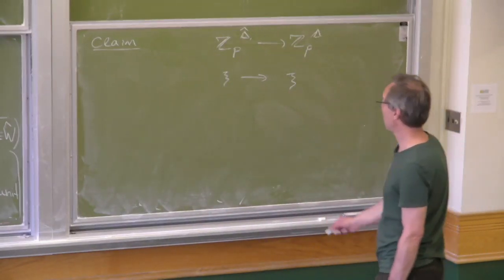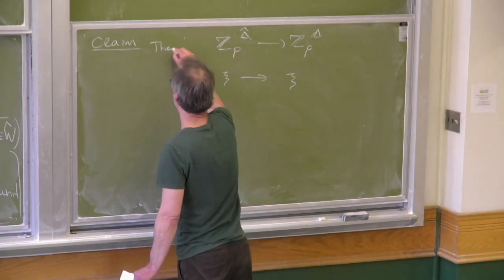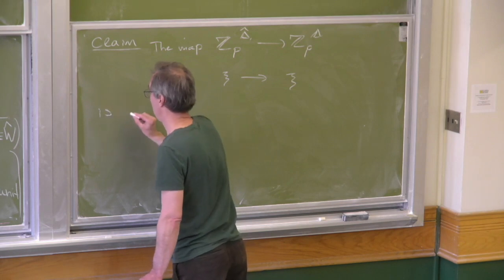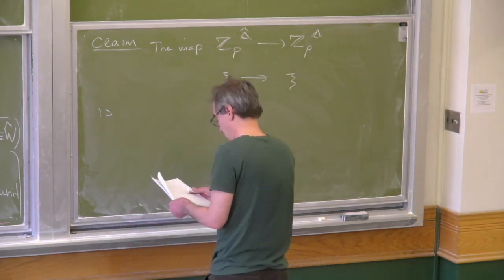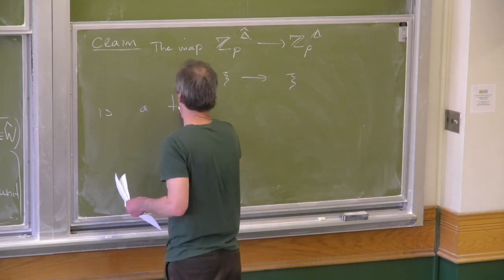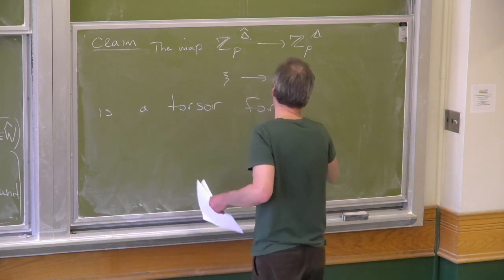And the claim is that the map is a torsor for the following group.